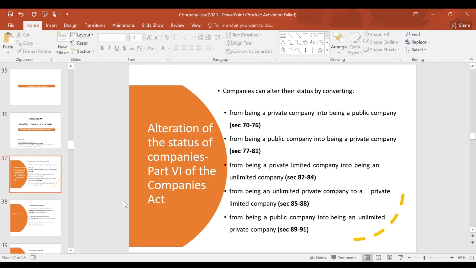Then there is Section 82 to 84, which talks about how a private limited company can be altered to an unlimited company. Remember, we said that a limited liability company, the shareholders of that particular company are limited to only their capital subscription towards the company.